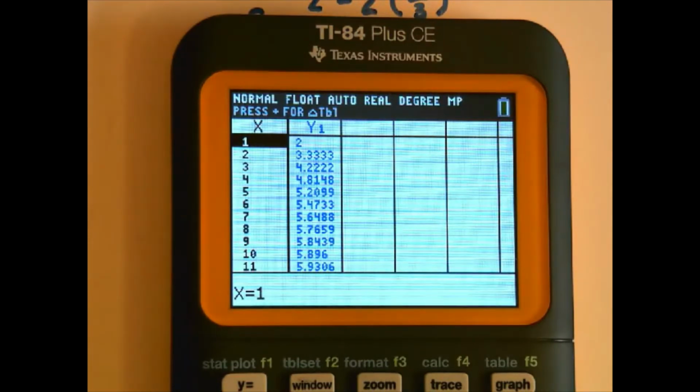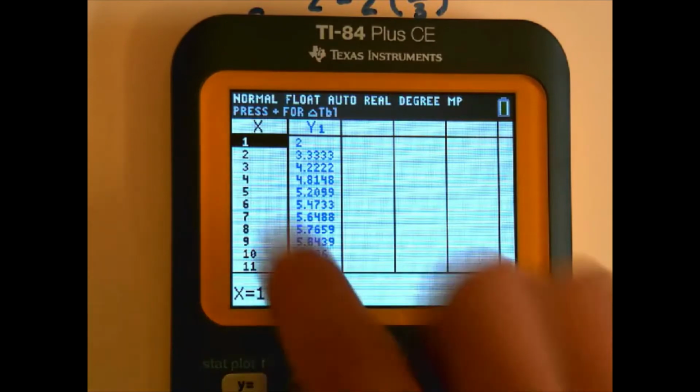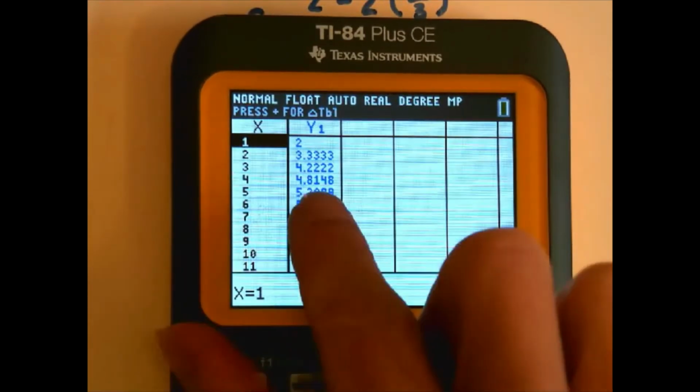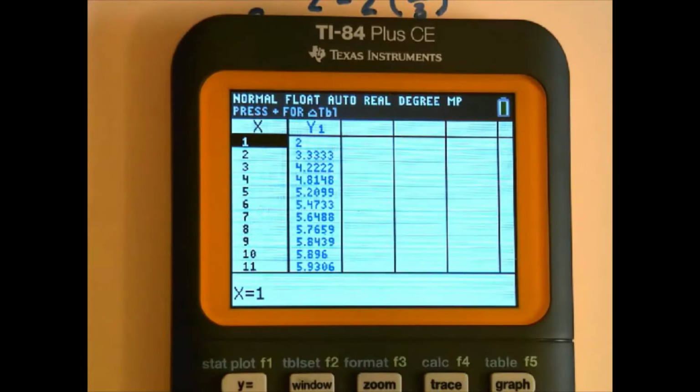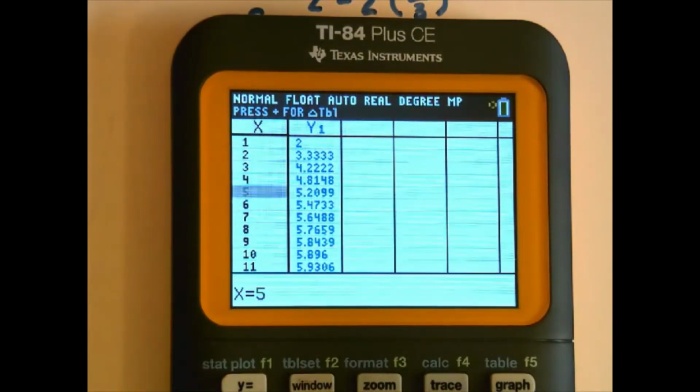So here's my calculator. If I add 1 term, we get 2, since the first term was 2. 2 terms is going to be 3.33, and so on. Our 4, the one that we've already done twice in 2 different ways, we get that same 4.814. And then on, so we get 5.2, 5.4, so these numbers are getting bigger. So 5.9, 5.999.